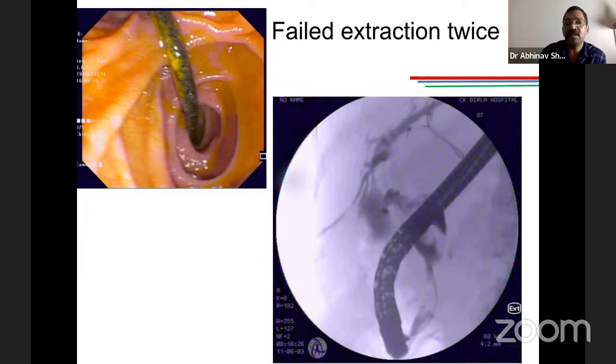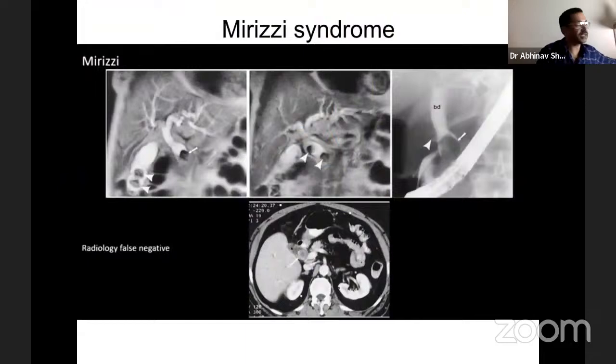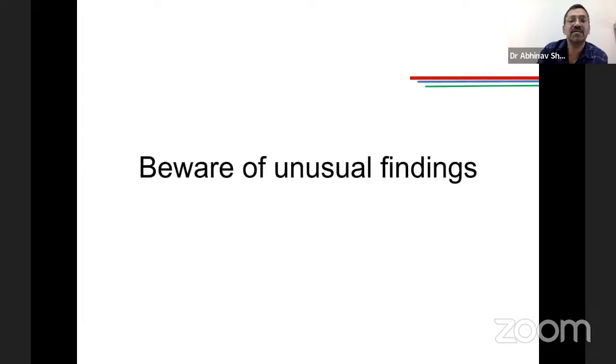But if you look at this cholangiogram very carefully, you can see that the structure on the left is the cystic duct rather than the CBD, and the stone is lying in the cystic duct, which has a very low cystic insertion. So this is a case of Mirizzi syndrome rather than CBD stone. So correct identification and a high index of suspicion is needed because in these cases, the stone will not be removed with usual methods.